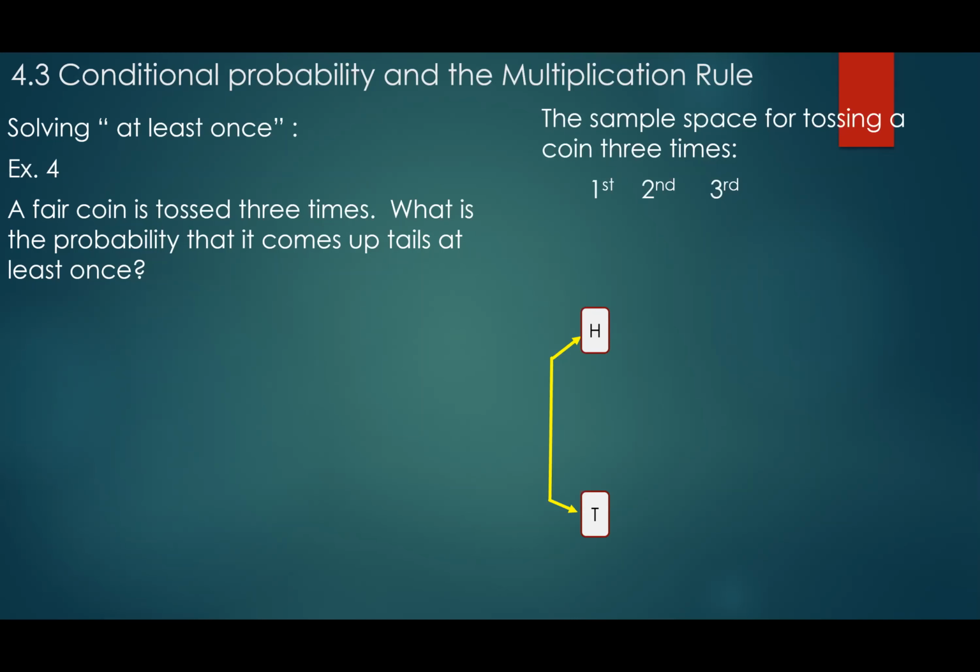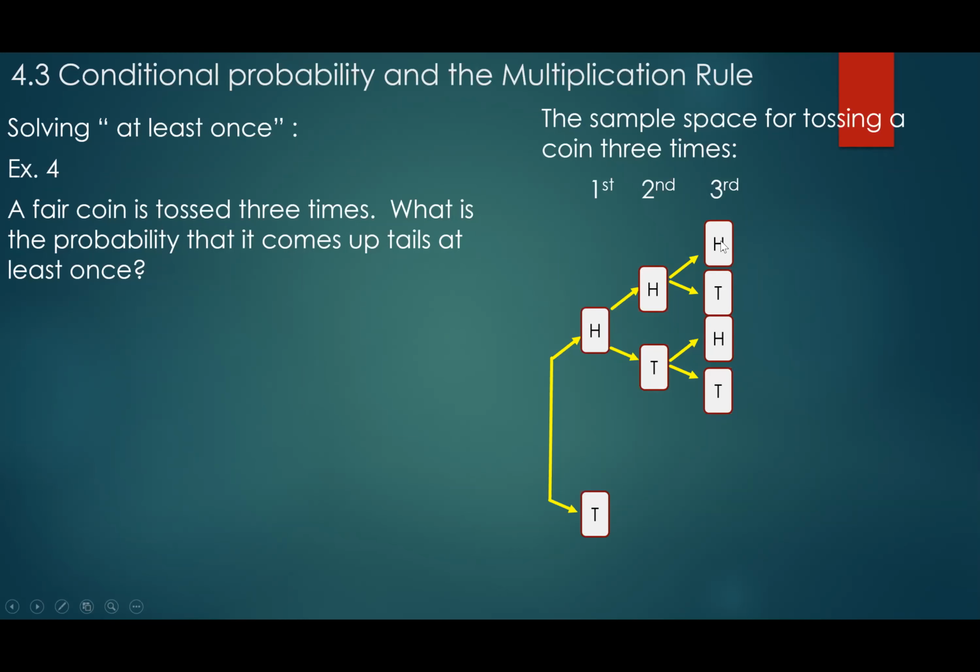Now, let's say the first toss comes out a head. Do you agree that if I toss the second time, I will either have a head or a tail? And again, the third time. Looking at this, the first flip I have head, the second I have head, the third time I have head.